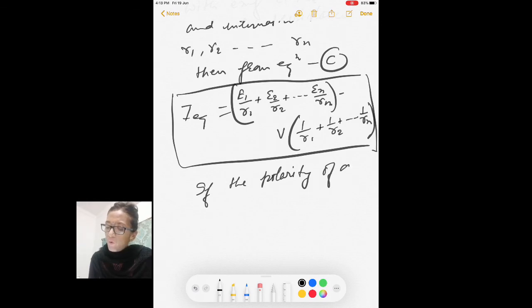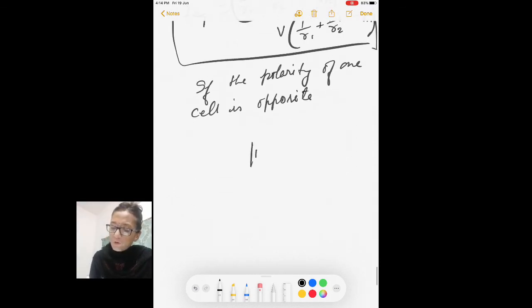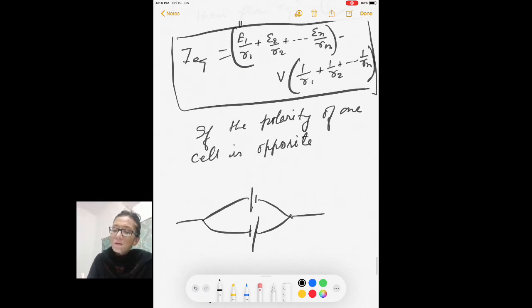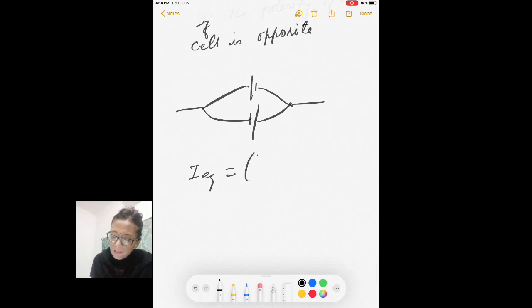Suppose one has the positive terminal along this side, the other has the positive terminal along another side. So in this case you will be writing by changing the sign of this E2 in this way.